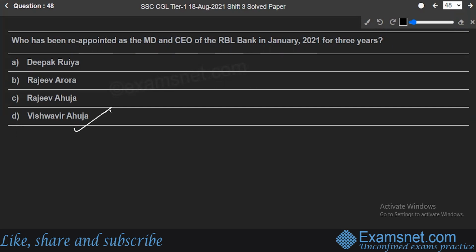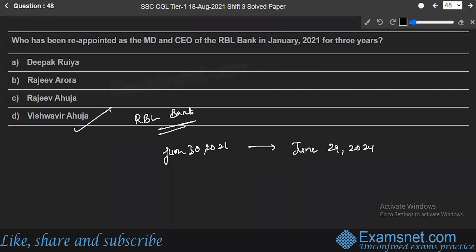Vishwavir Ahuja has been reappointed as the MD, that is managing director, and CEO, that is chief executive officer, of the private sector leader RBL Bank. He has been appointed for a period of 3 years from June 30, 2021 to June 29, 2024.